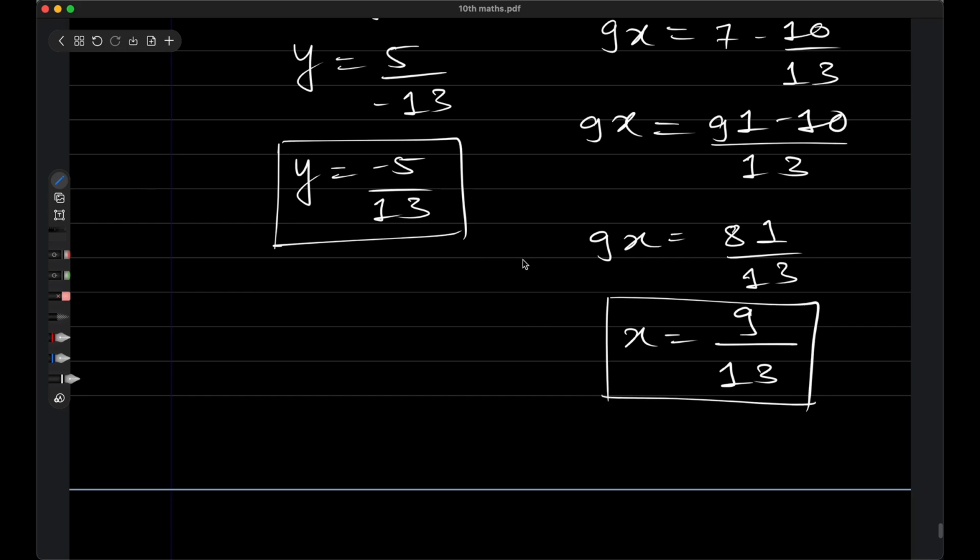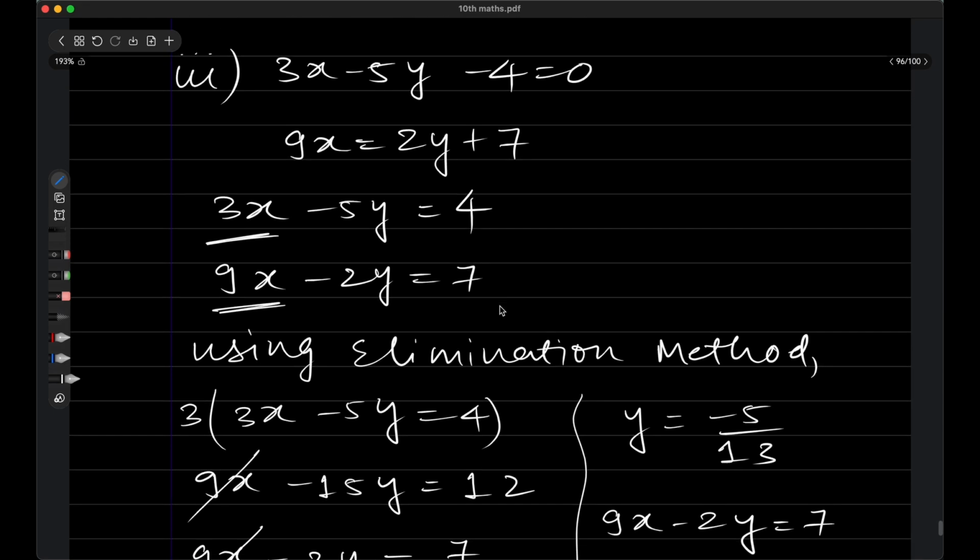The value of y is minus 5 divided by 13. Now let us solve using the substitution method.